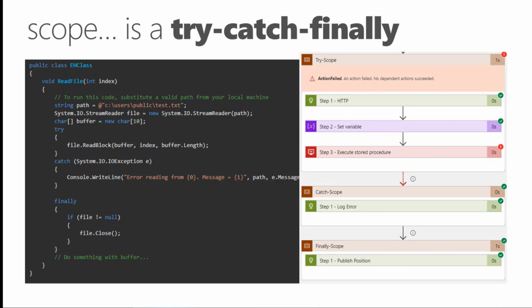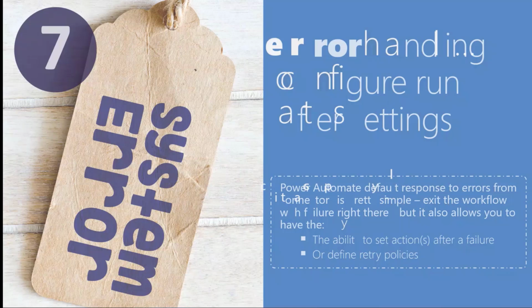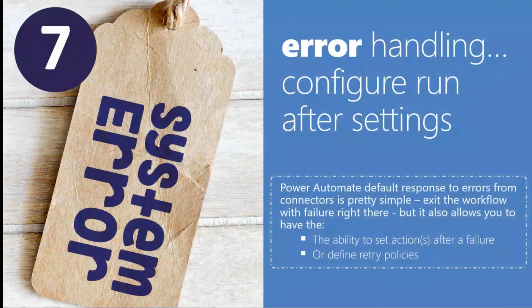So how we can build a try-catch finally on a flow is using 2 or 3 scopes in sequence. Okay, so the first one will be the try. Then we need to configure the second to be the catch, and if we want, we can create the third one to be the finally. And I will explain here on the error handling how we can actually do that.